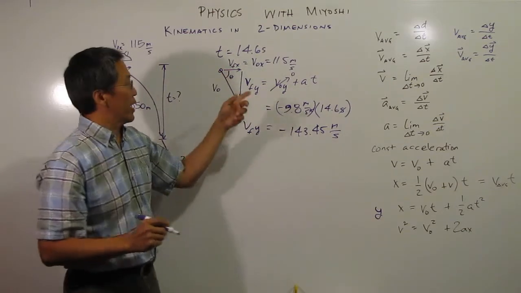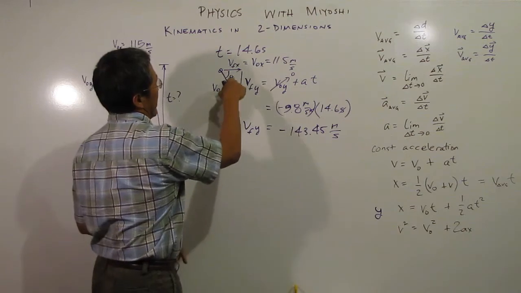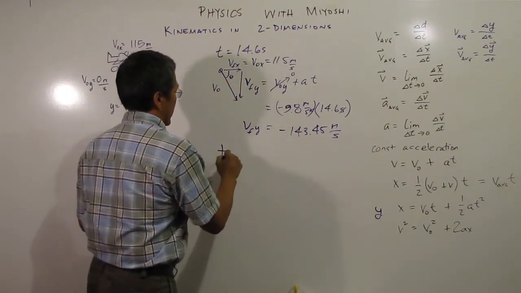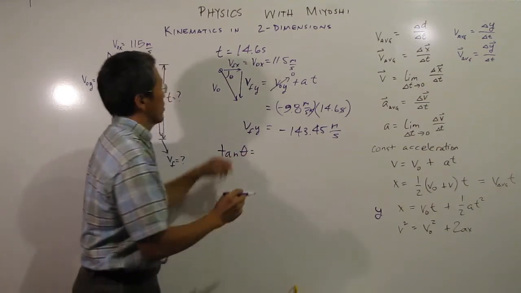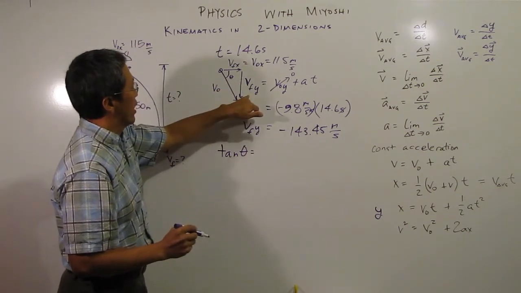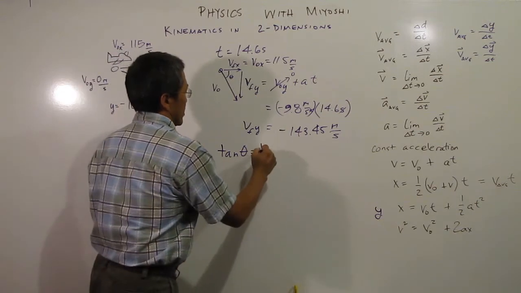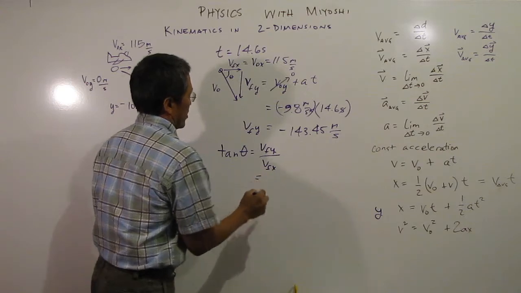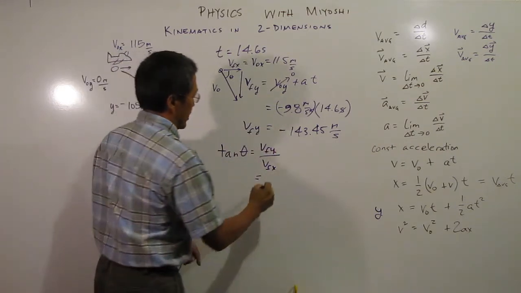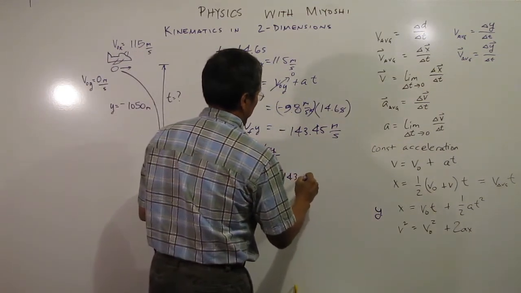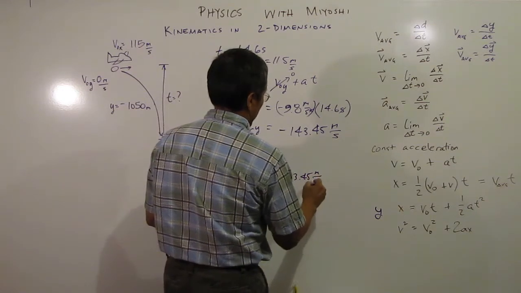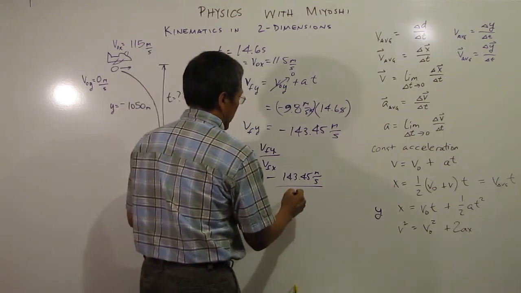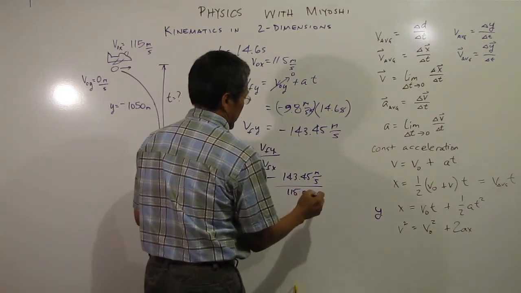So now, how do I find the angle here? Well, if I draw my picture correctly, I know that the tangent of theta is going to be vfy over vfx. So vfy is negative 143.45 meters per second, divided by 115 meters per second.